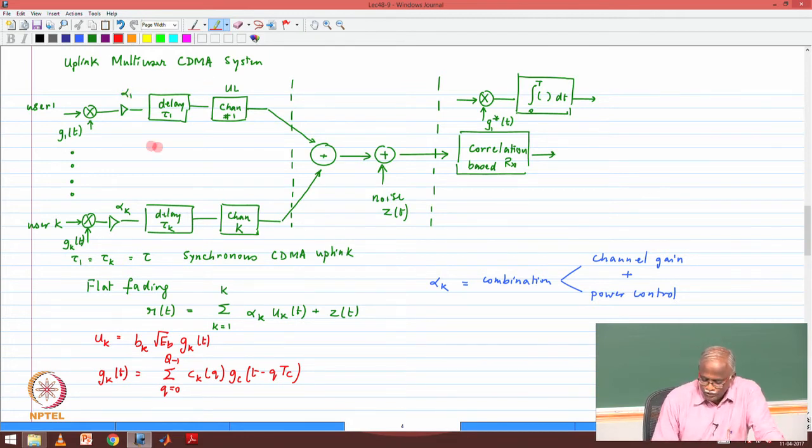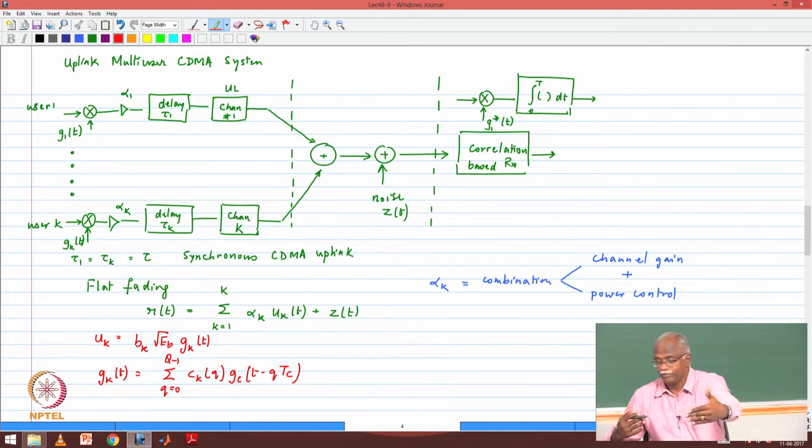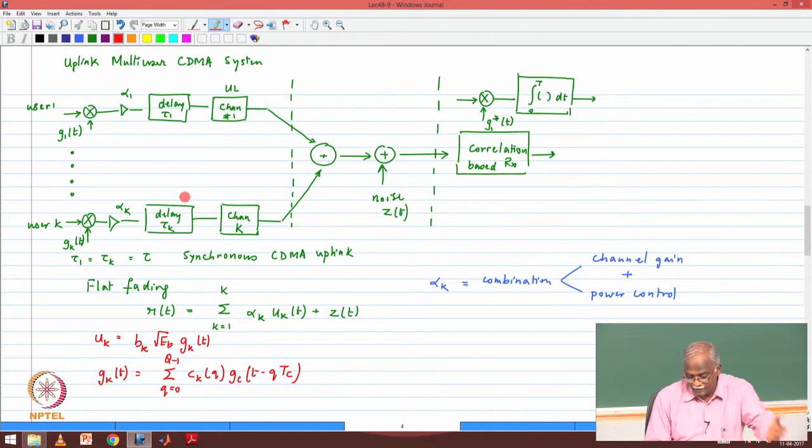As they go through the channel, they could encounter different delays, because this is like the uplink. If user 1 transmits slightly differently from user 2, or if the distance of user 1 is very different from user 2, there will be a difference in the delays with which they arrive at the base station. So to account for that, we have included these delays.